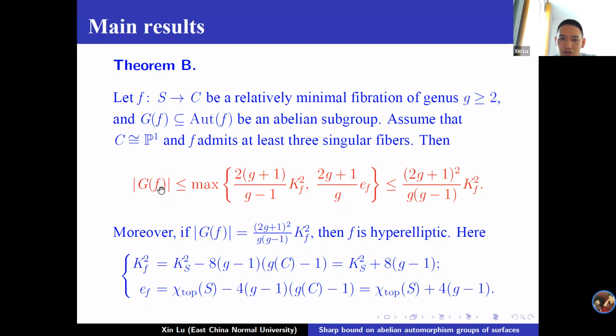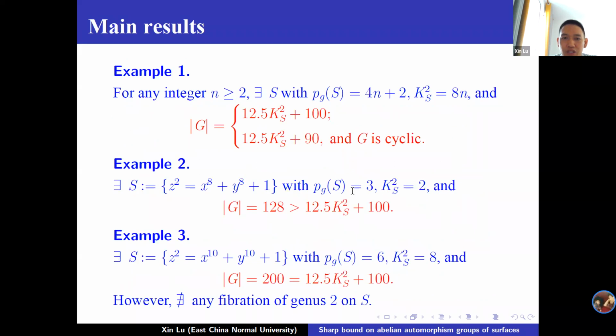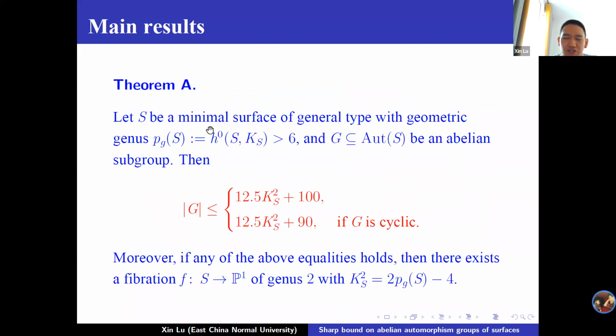So if this is equal, then this should be an equality, and F should be hyperelliptic. And here, when G is equal to 2, this is just our result in the first theorem.